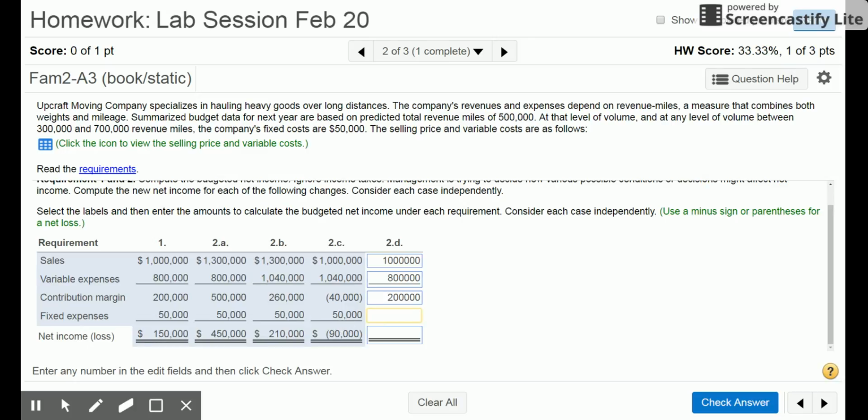This time instead of $50,000 we have a 30% increase, so $50,000 multiplied by 1.3 gives us $65,000, and our net income will go down to $135,000.